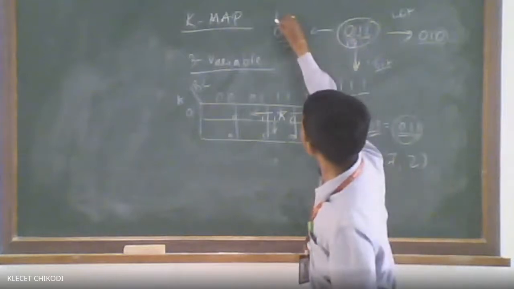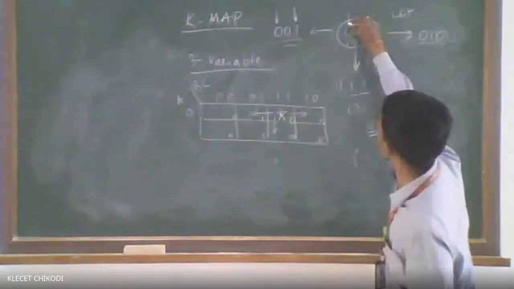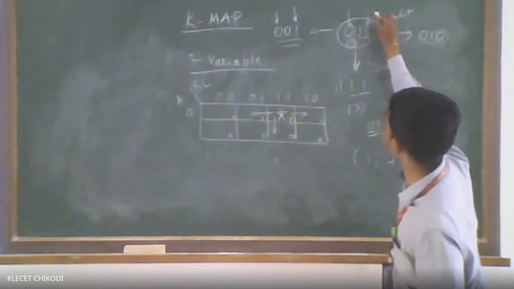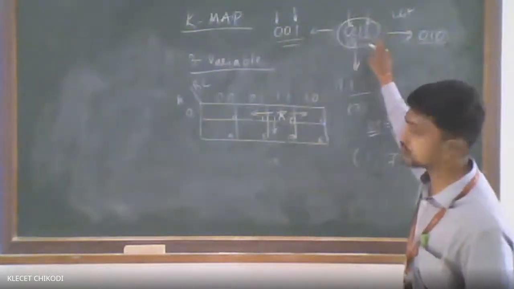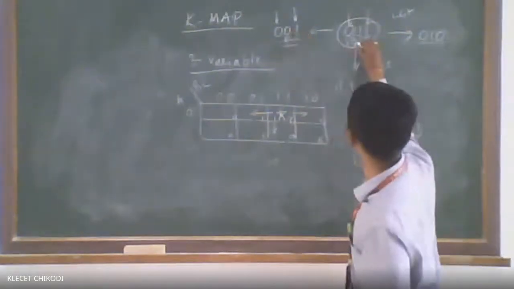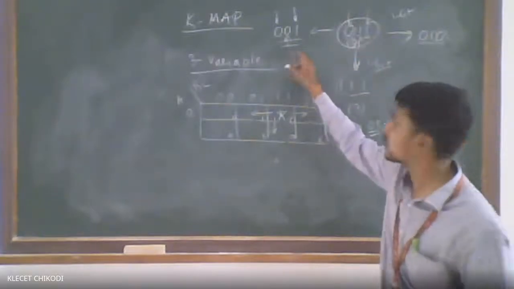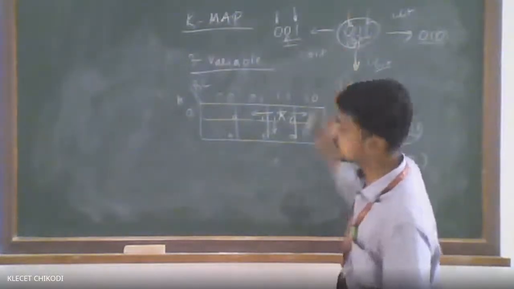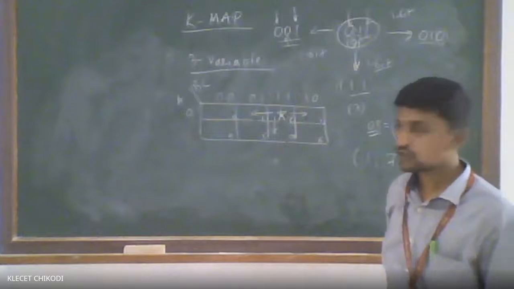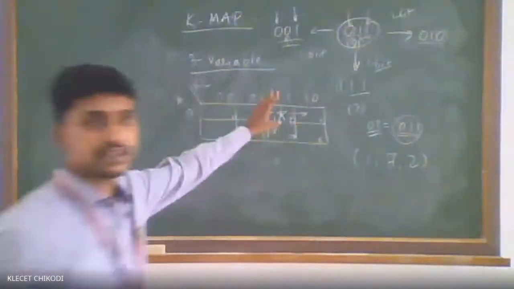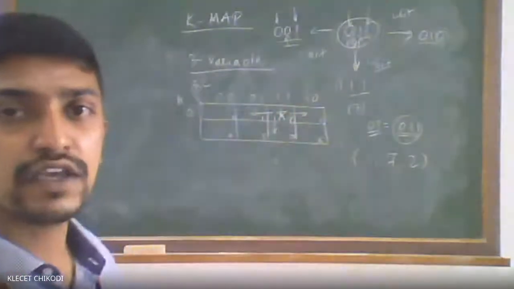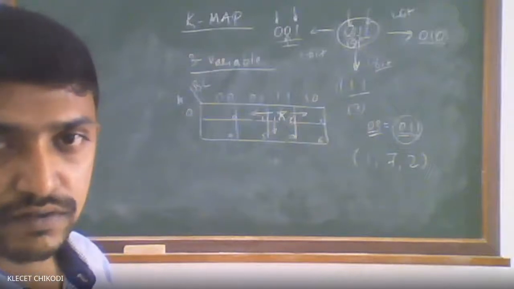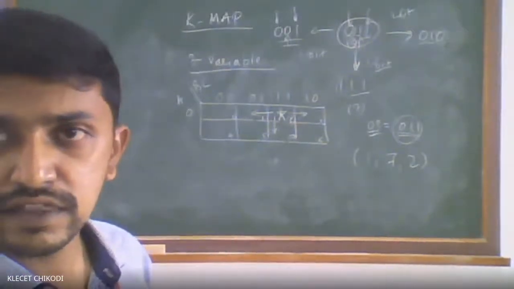The first and last bits are the same, 0 1 0 1. Only the middle bit is changing from 1 to 0. So whenever adjacent cells differ by one bit, we call them logically adjacent cells. Is that clear, Chetana Hazare?